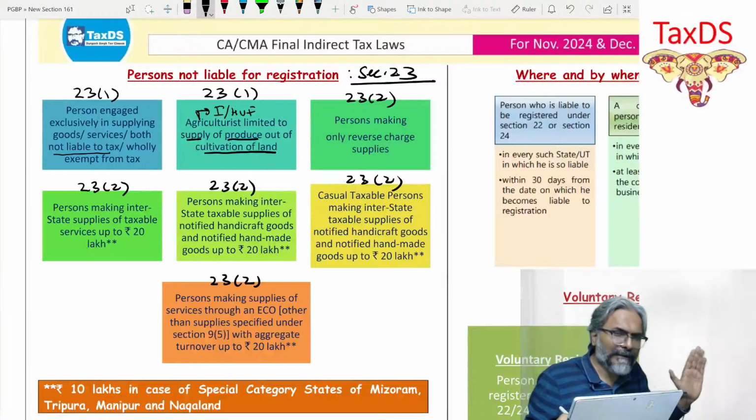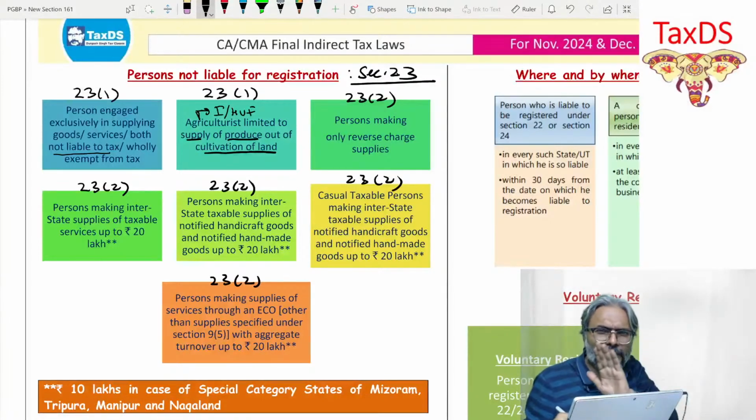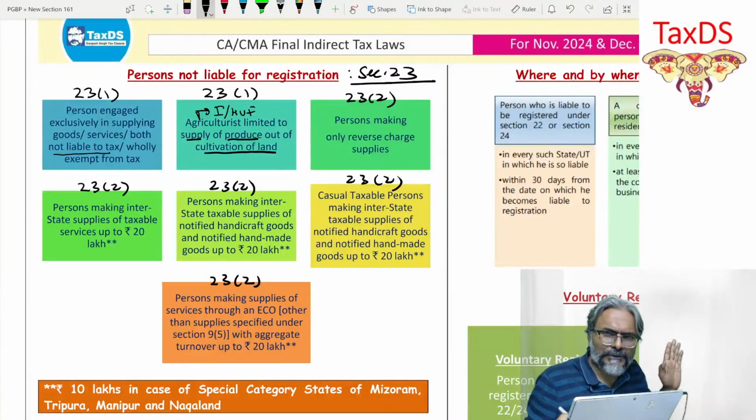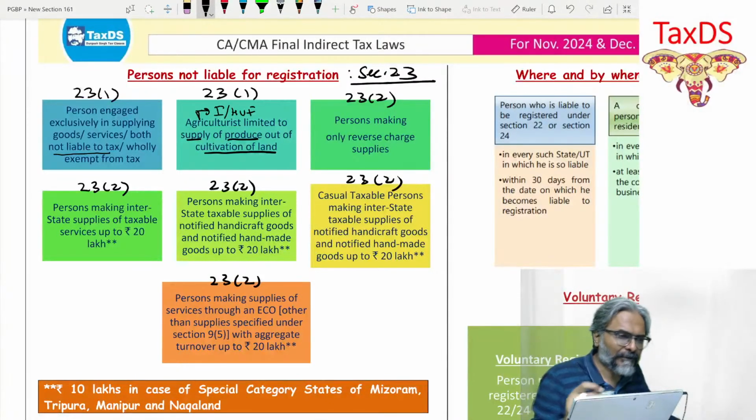That is it. If you do anything else for which you are making a supply, then you will not be eligible for this 23(1) exemption. I hope all of you are clear with this.